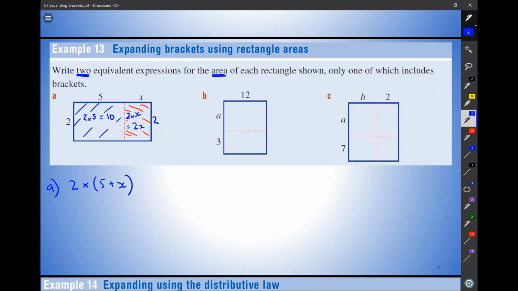So this is method 1, and in method 2 we've calculated the two areas independently, and then we've added them together to give us the total area.